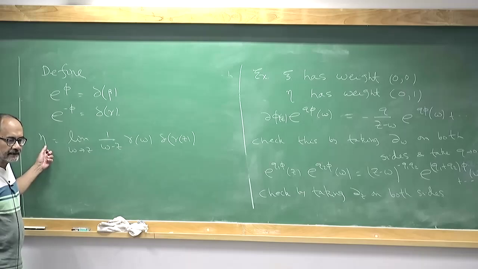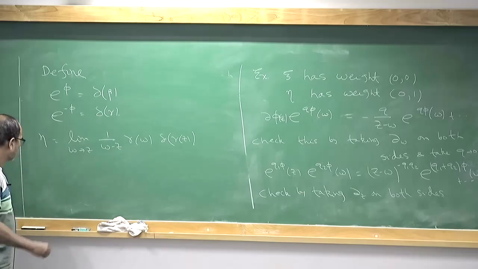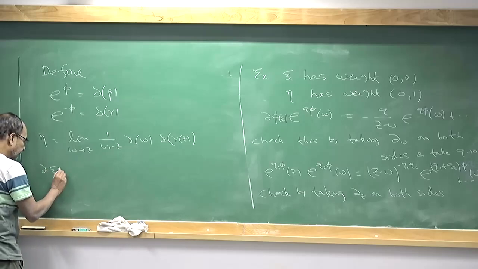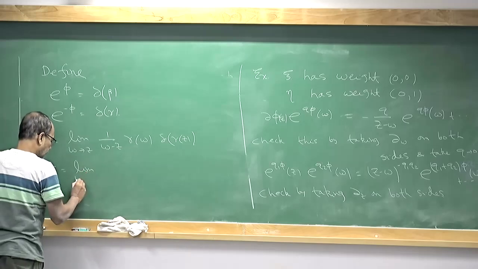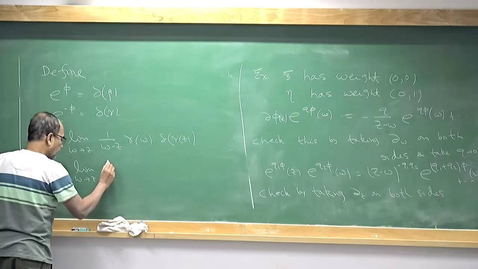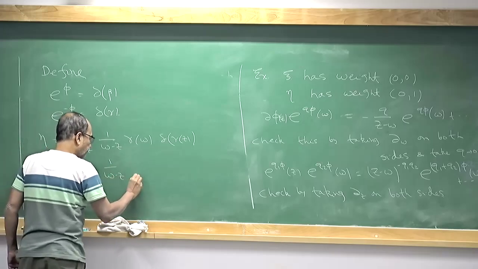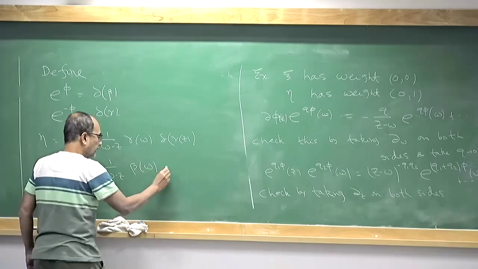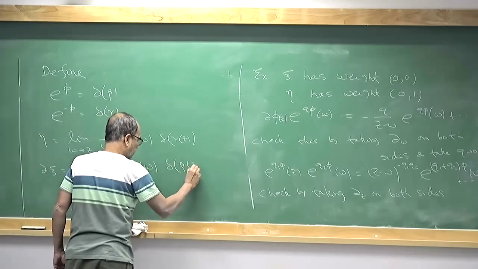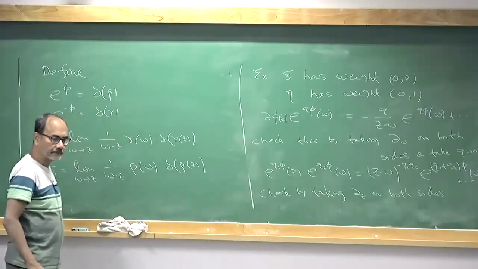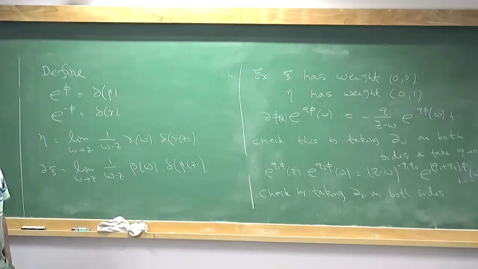Is that clear? And then you declare del xi as the limit of w goes to z of 1 over w minus z, beta of w delta beta of z. Gamma delta gamma has to go to 0 in linear fashion.